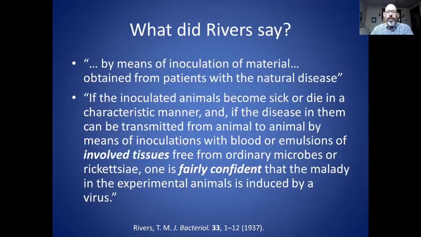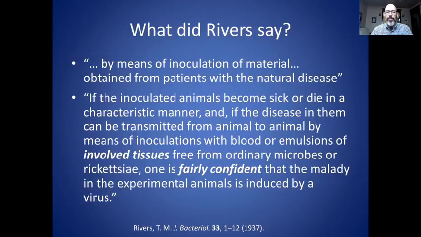He also said something very important about how you prove the criterion where you put the isolated virus into a healthy person and cause the same disease. And what he said is, by means of inoculation of material obtained with patients with the natural disease. Okay, so not something made in a laboratory, but from another patient with the natural disease.